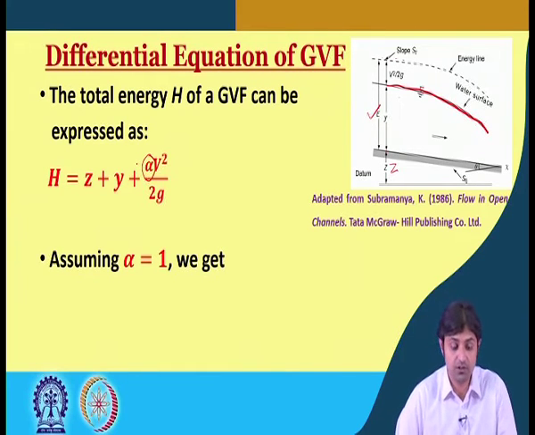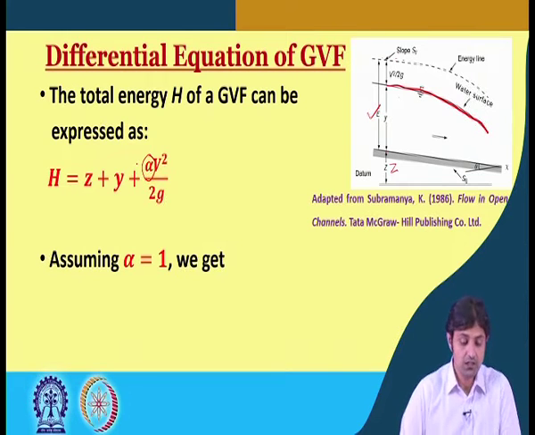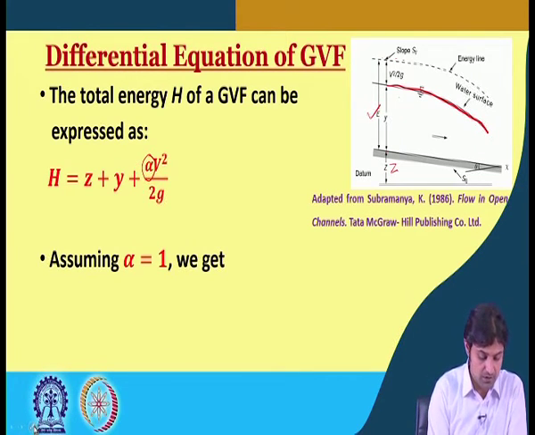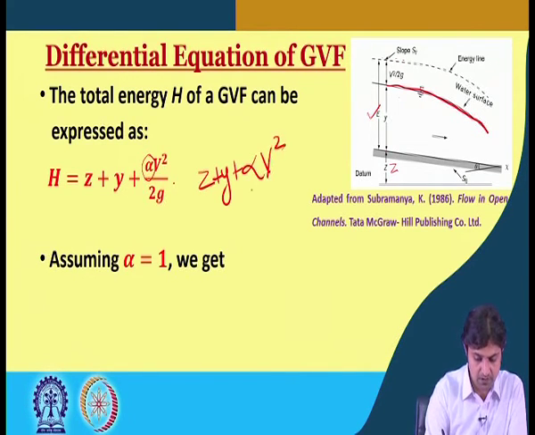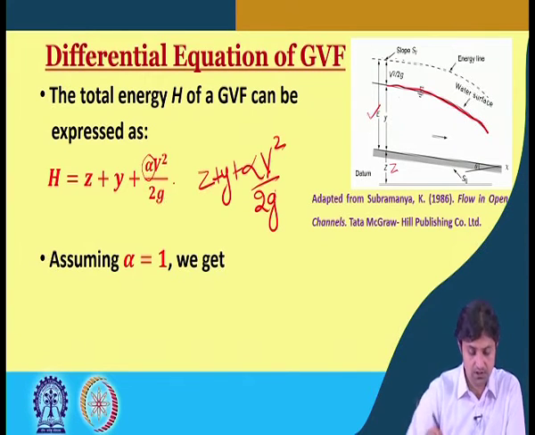So, when we wrote the equation of the total head H in any type of flow, we got Z plus Y plus V square by 2G. That was actually under the assumption that alpha is equal to 1. In principle, we must have this equation: Z plus Y plus alpha V square by 2G.